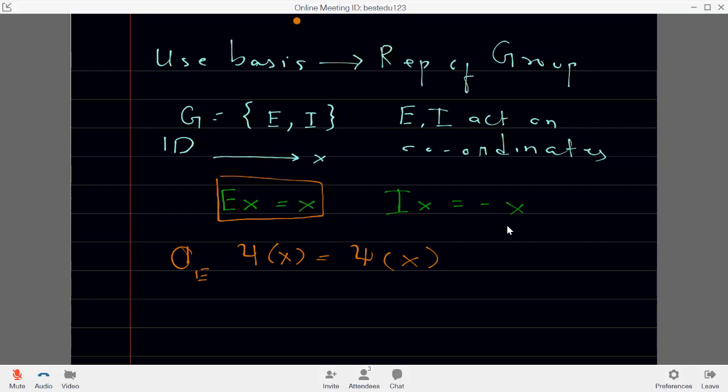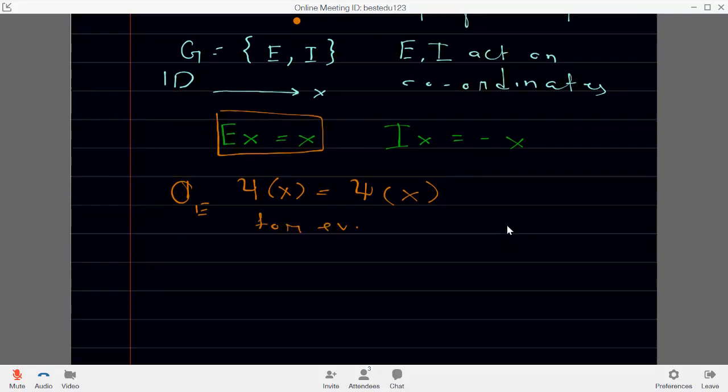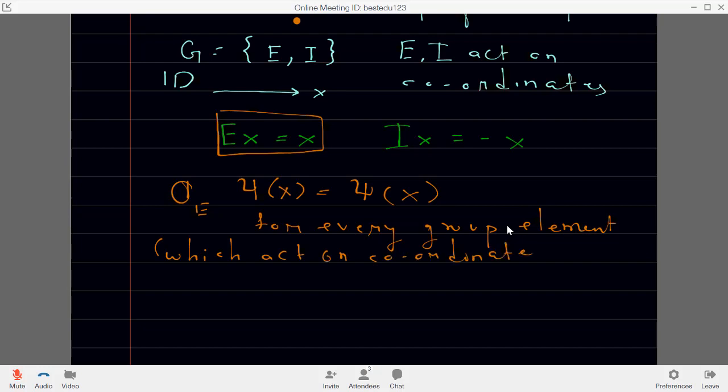So what did I say? I say that for every group element, which acts on, so the group elements are acting on coordinates, we have operators, and where do these operators act?